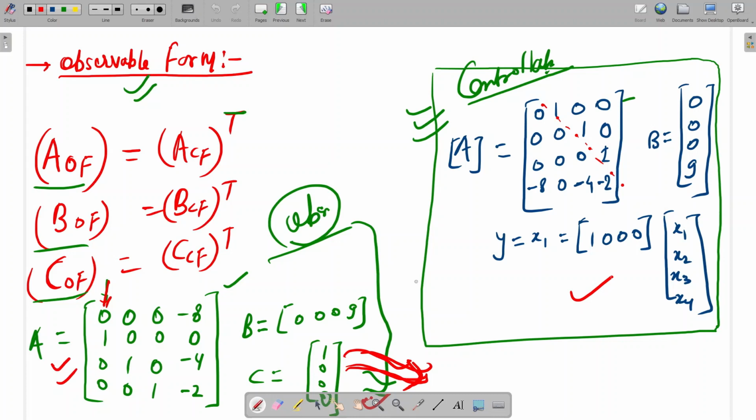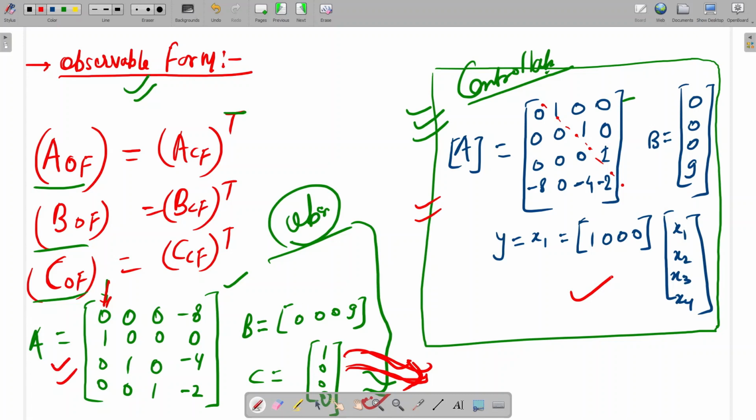So this is the controllable. For observable, we are just taking the transpose. One second, wait for 1 minute, let me see my notes. Okay, some mistake I have made here. I will correct that.